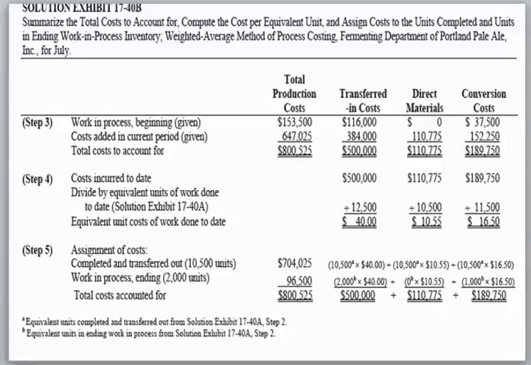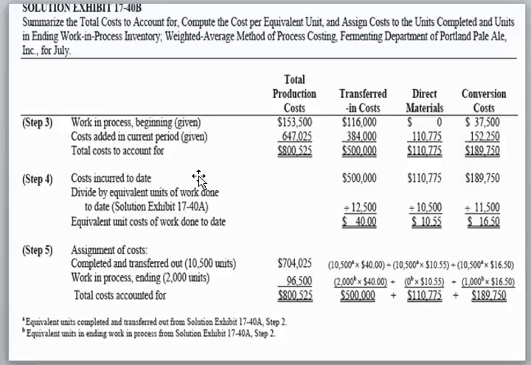And costs added in current period for transferred in costs and direct material and conversion costs, the total will be 647,025, and total cost of transferred in, direct material and conversion cost will be 800,525.